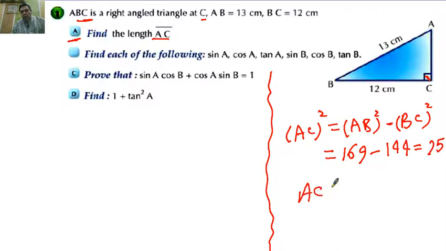AC equals the square root of 25 equals 5 centimeters. Then the length of AC equals 5 centimeters.